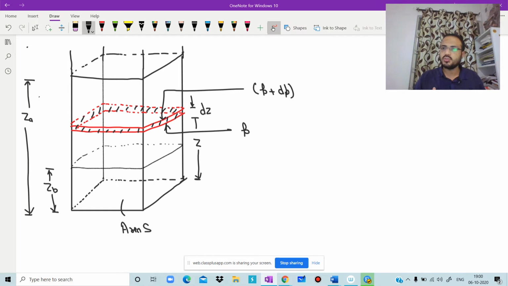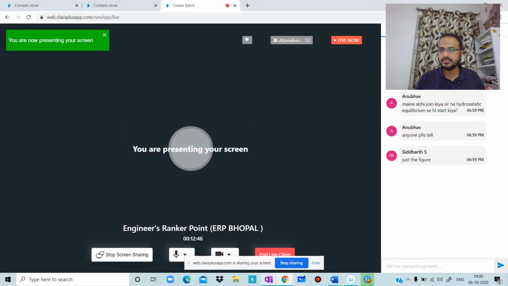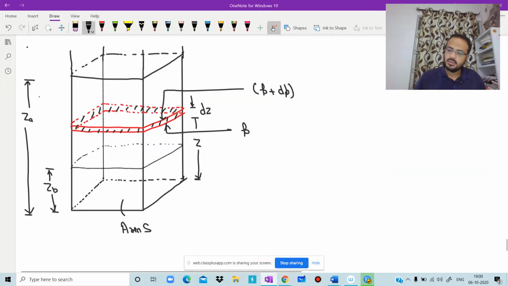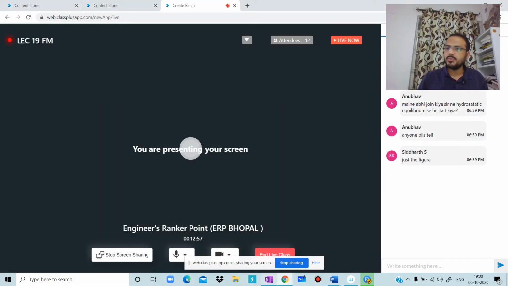And there is no motion. So we need to balance all these forces and we will get the equation. Is it clear up to this point?